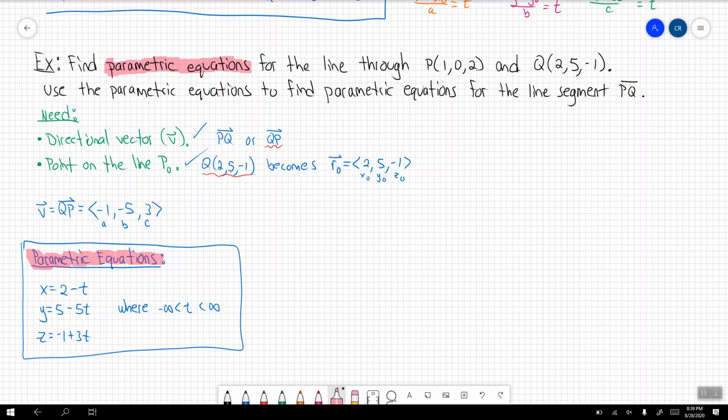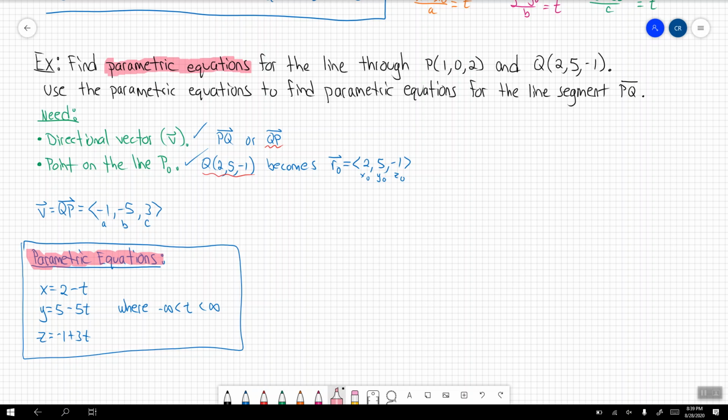Now for the second part. The second part kind of seems a little redundant in saying, well, why do we now need to find the parametric equations again for the line segment? Well, there is a discrepancy there, and the discrepancy is in the verbiage that is given to us.